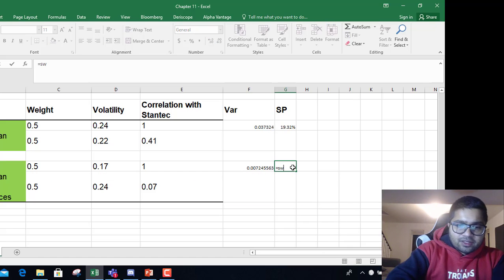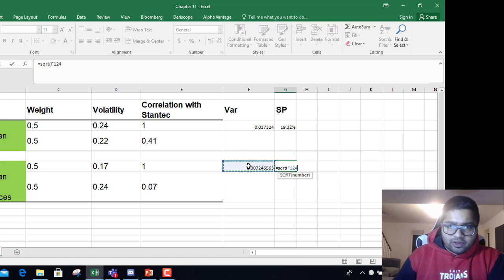And finally we take the square root of that to find out the portfolio risk.